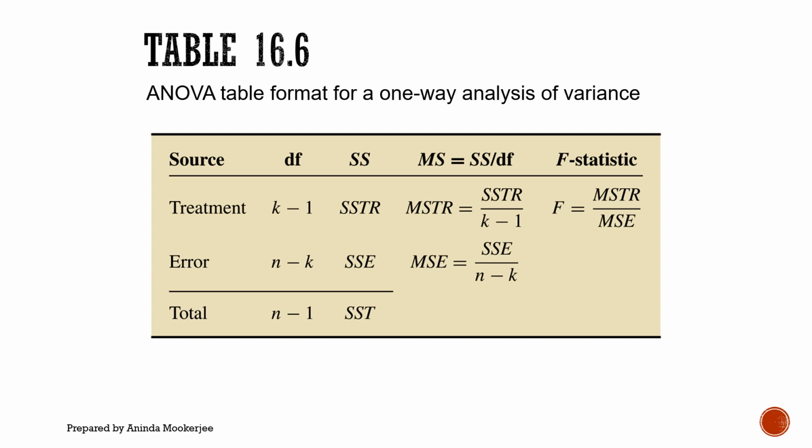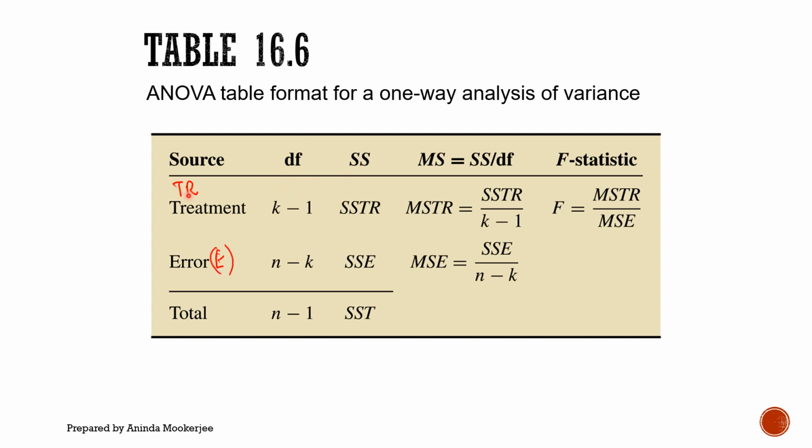Now, since the ANOVA analysis comprises a lot of different calculations, we often represent them in an ANOVA table. In this table, we have a column for the source, which happens to be the treatment and the error. Treatment is TR, and for error, we use the letter E.